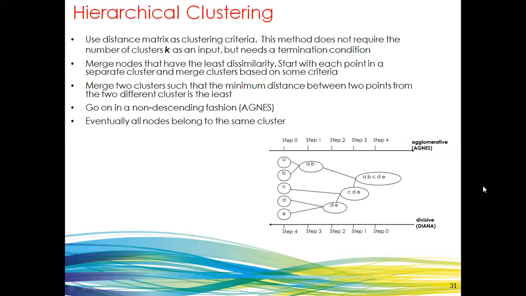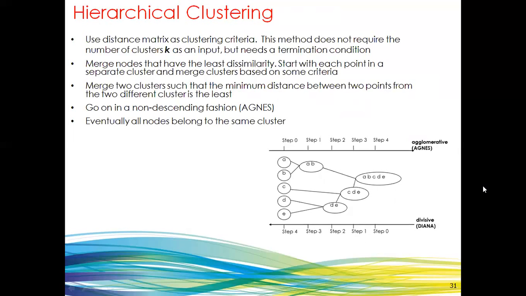The next is hierarchical clustering. In hierarchical clustering, you are representing the segments through a cluster, and there are 2 different ways of doing it. One is divisive, another is agglomerative. In agglomerative, you are starting with every item as its own cluster.